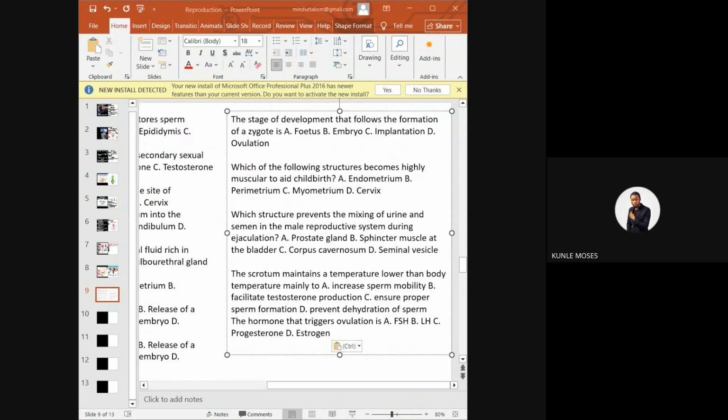In relation to pregnancy and childbearing, estrogen helps to regulate the menstrual cycle.